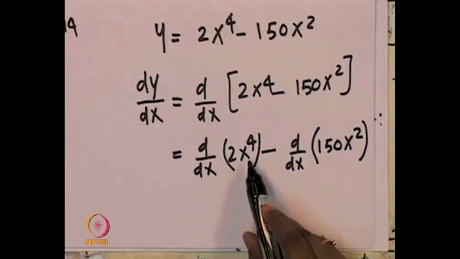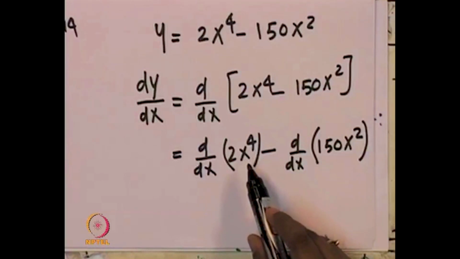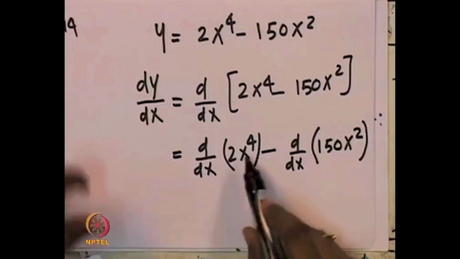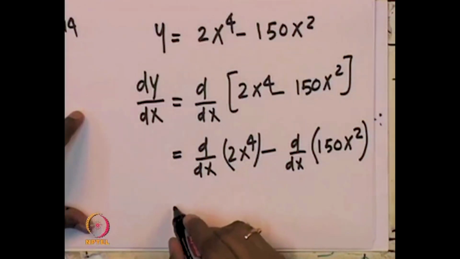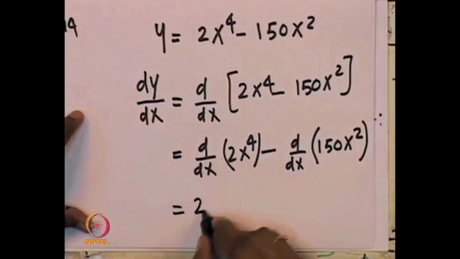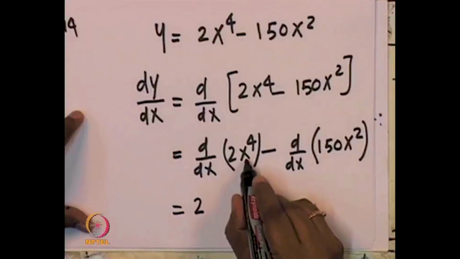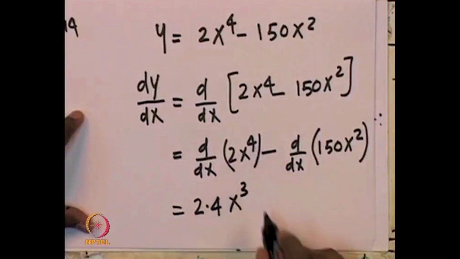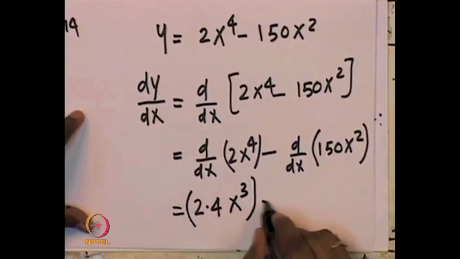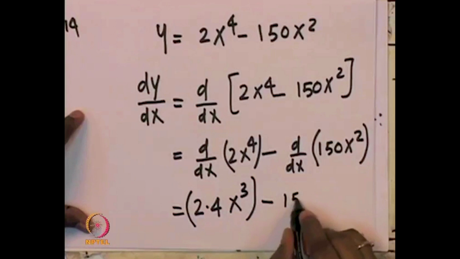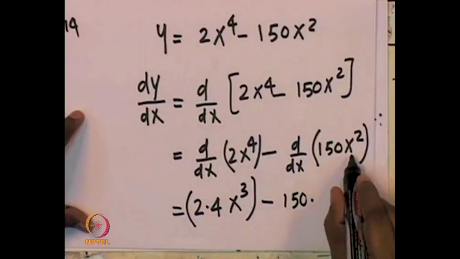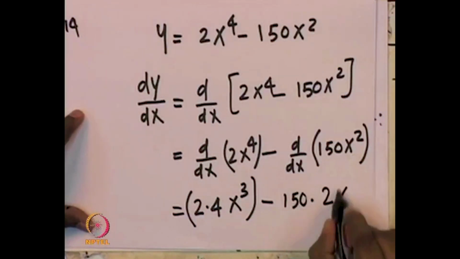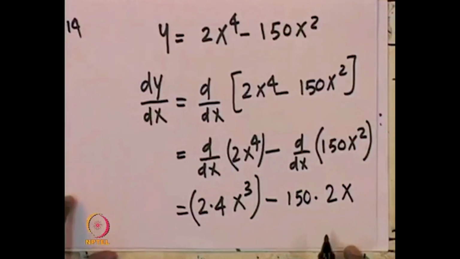Then what is left is just the derivative of x power 4. The derivative of x power n is n x power n minus 1. So the derivative of x power 4 is 4x cube, 2 into 4x cube. This is the first part. Minus 150 you can take out, and the derivative of x square is 2x power 1, so 2x.